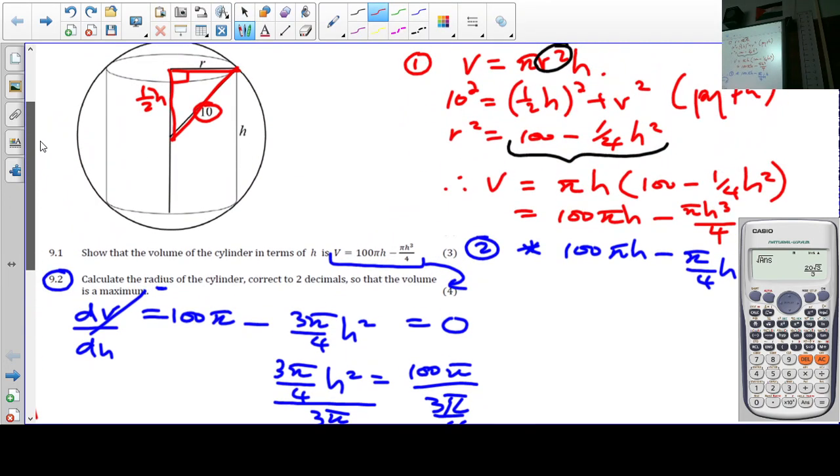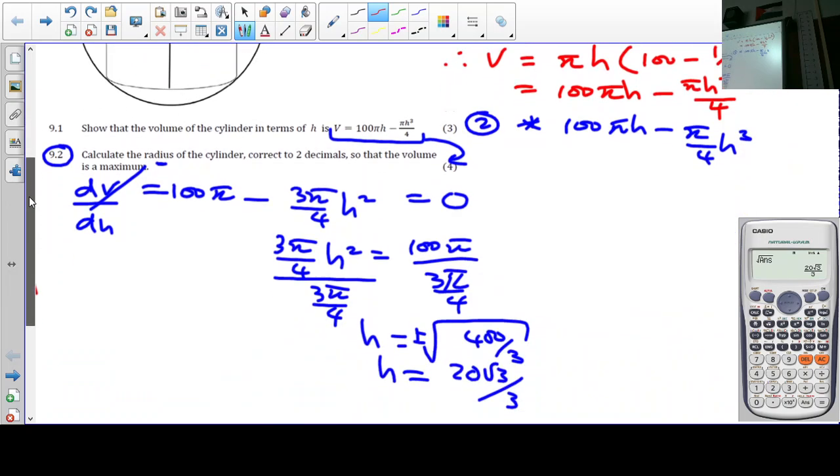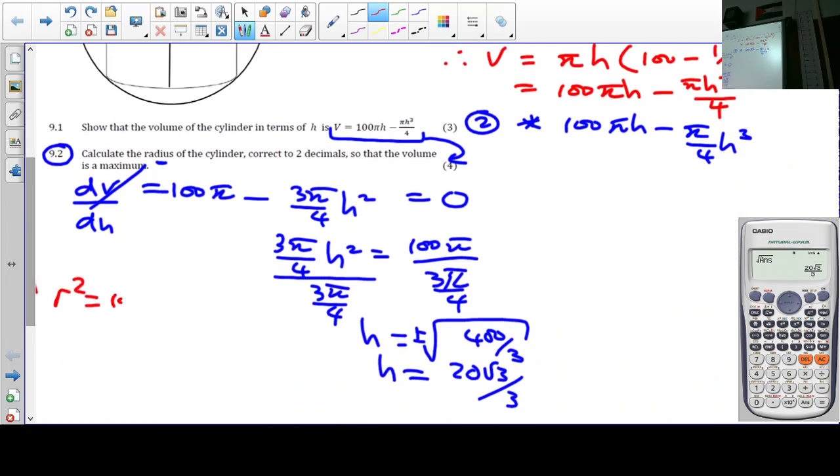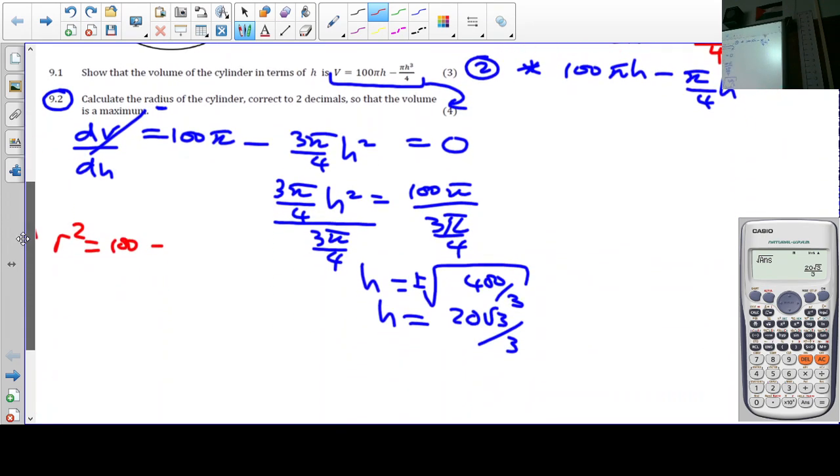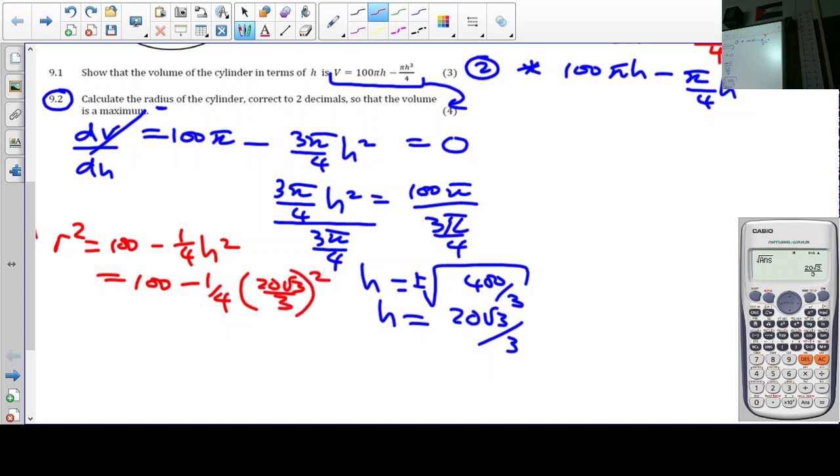We know that the radius squared is equal to 100 minus a quarter h squared. So that is simply going to be 100 minus a quarter of 20 root 3 over 3 squared. Or I could have just written it as 400 over 3. That would have been the same thing.